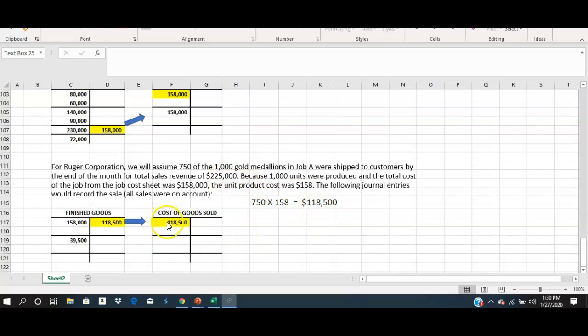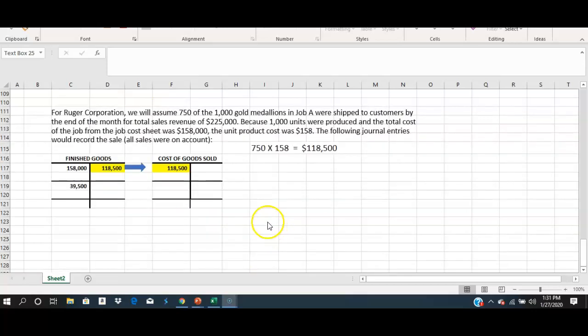But this section, cost of goods sold, shows how much this company, Rugged Corporation, paid, or in this case, the production cost of the medallions that were sold to their customers during the course of the accounting period. It goes into an account known as the cost of goods sold account.